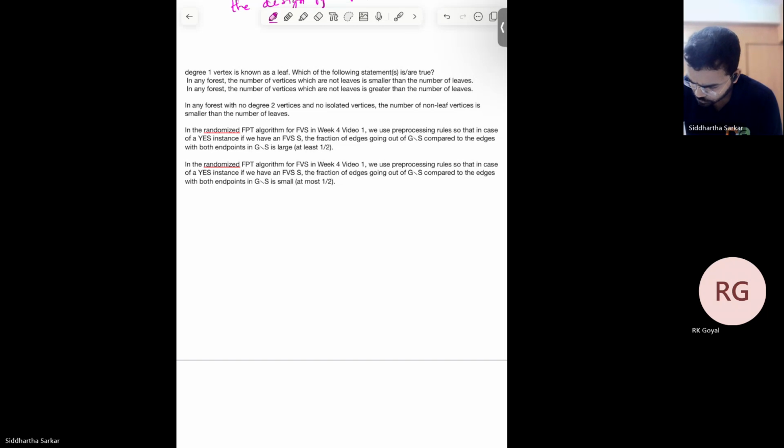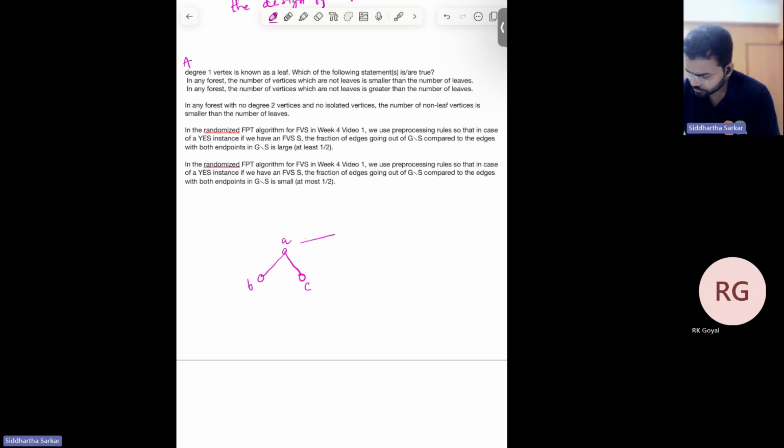Okay. So we have a forest. Let us say this is an example of a forest, and let us also name these vertices. So this is A, this is B, and this is C. So B and C are leaves because they have degree 1, and A is not a leaf.